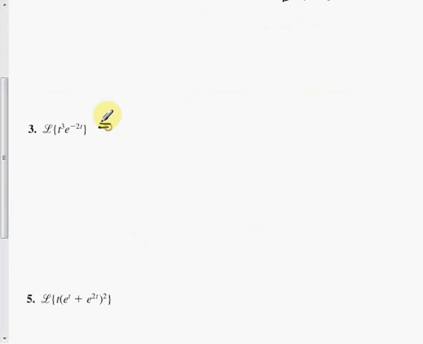So look at this one. This is the Laplace transform of t to the third. Here, s is being shifted from s to s plus 2, right? Because of that e to the negative 2t.